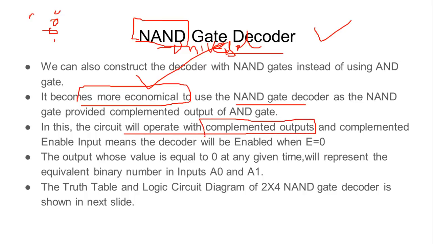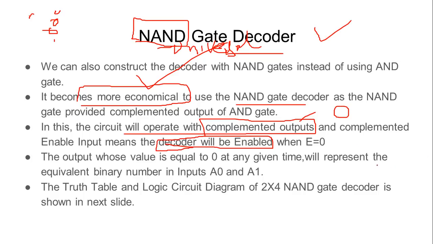Now we will do exactly the opposite of what was happening in case of AND gate. AND gate was functioning whenever we were getting 1, 1, 1, right? Now in the case of NAND gate, it will function only when it provides the value 0, exactly the opposite value to the AND gate. So when I say the enable is on, the idea has changed.